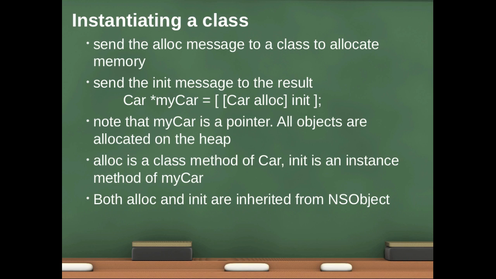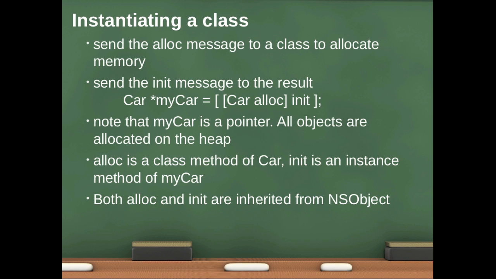Our object is myCar. myCar is a pointer, pointing to a block of memory. Now notice how we have embedded the alloc message inside the init message. And this is typical. This is normal. We can embed messages within one another to an arbitrary depth. Two or three is about the limit as far as good coding practice goes.